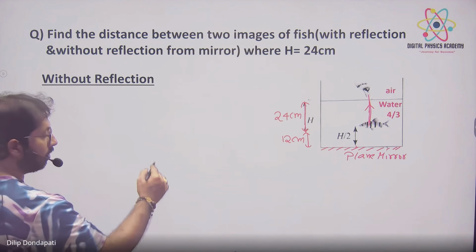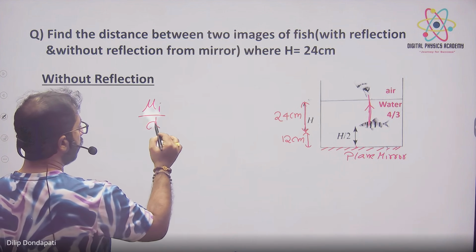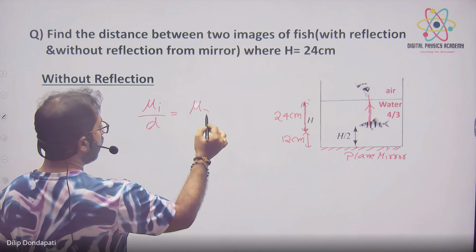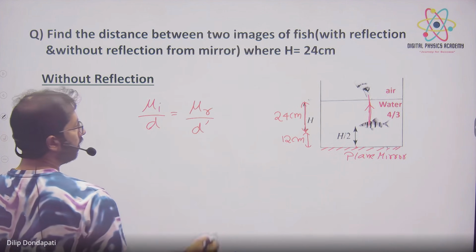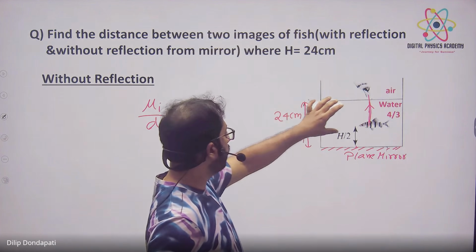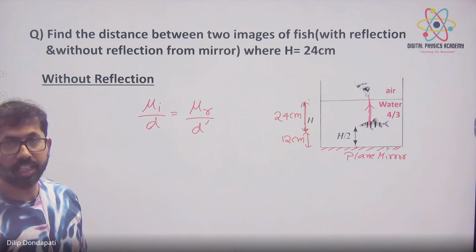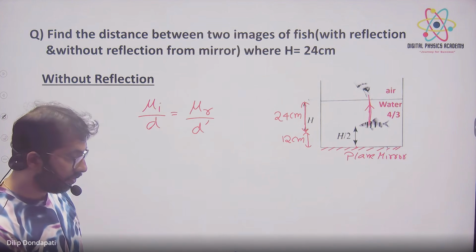Mu i by d is equal to mu r by d dash. So mu i is 4 by 3. The real depth is 24 centimeters. Find d dash. Mu r is air.